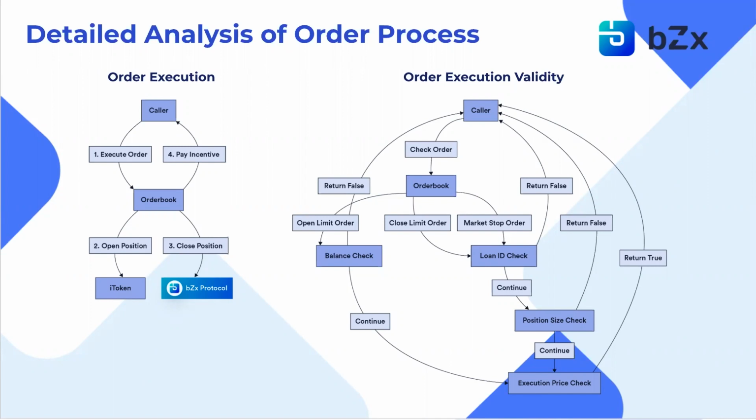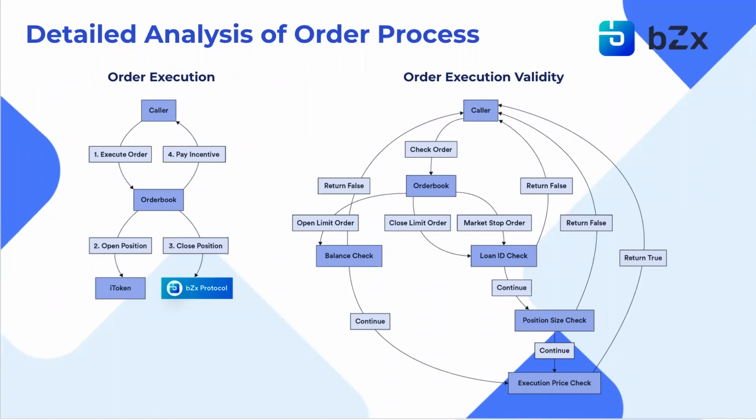And if it's not, it'll return false. It also checks if they have rights to the trade. There's an internal record keeping of which positions are delegated to which traders. So if they don't have the rights to execute and close out a certain position, then obviously it'll return false to the caller. But if both those checks pass, the next check is a position size check.